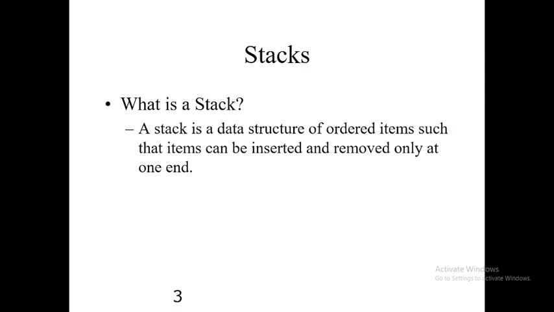Items may be books or some other item. For example, if you have a rack in your home and you place some items in it, generally you place one item, then another item, and so on. Items can be any real-world entity.